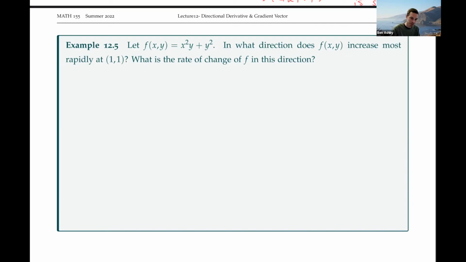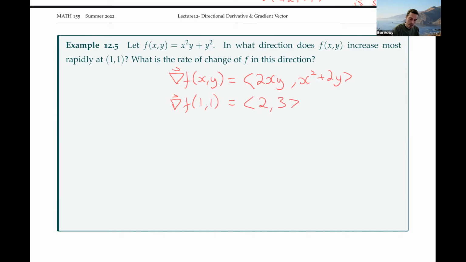Okay, so suppose we have our function, f(x, y) is equal to x squared y plus y squared. So grad of f of (x, y) is just going to be our partials. So we have 2xy and x squared plus 2y. And if we look at this at the point (1, 1), it simplifies down to be (2, 3).